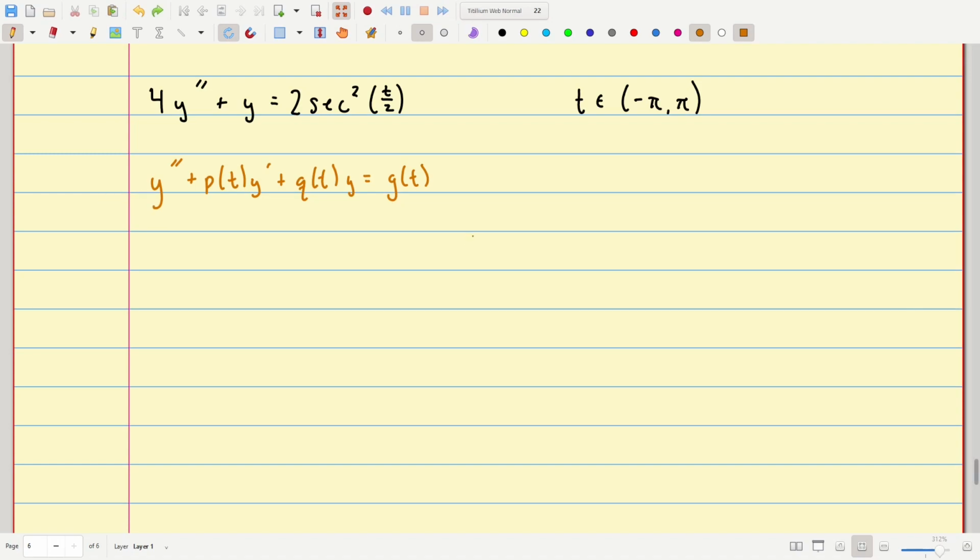Okay? So it is a necessary step for us at the beginning of this problem to go ahead and put things into standard form.